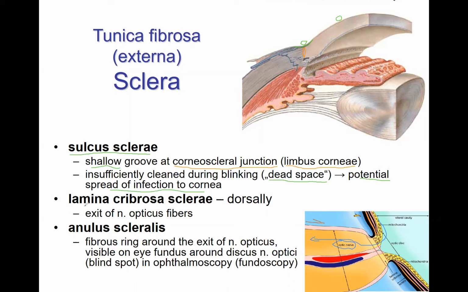So they make a cribrose plate there, lamina cribrosa. There are about 1 million of these fibers, so they have to pierce the sclera. So there's a lamina cribrosa, but it is not visible. The lamina cribrosa is this area, a dotted area filled with all the fibers. So there should be like 1 million small openings.